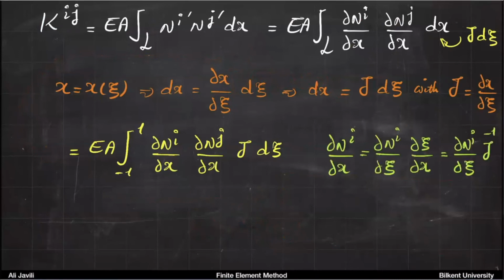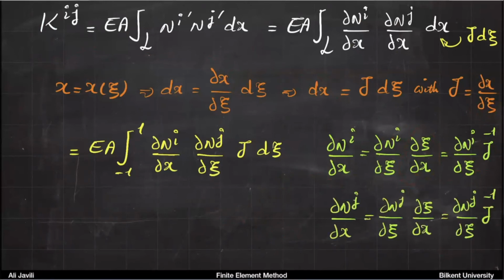So derivative of Ni with respect to x would be derivative of Ni with respect to c, derivative of c with respect to x. Now, derivative of c with respect to x is the inverse of derivative of x with respect to c. So that is J inverse, or J to the power minus 1. Okay, so that's the first one.